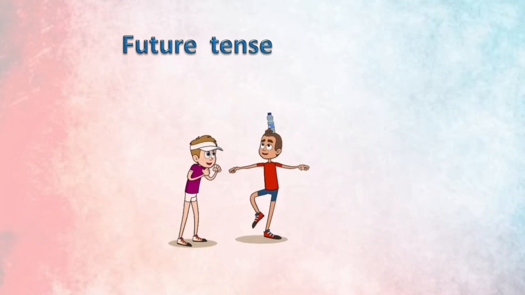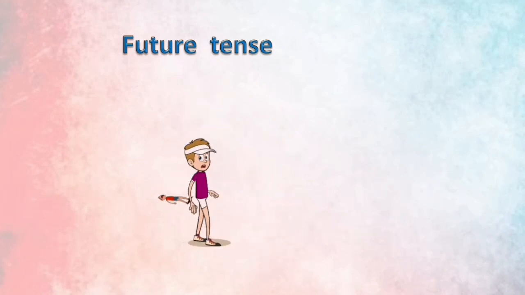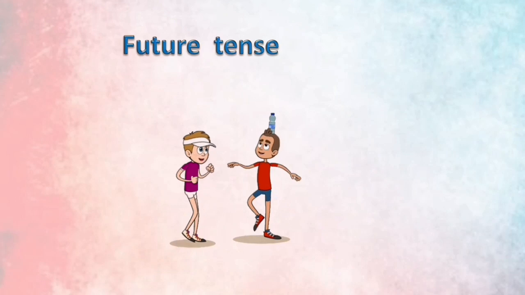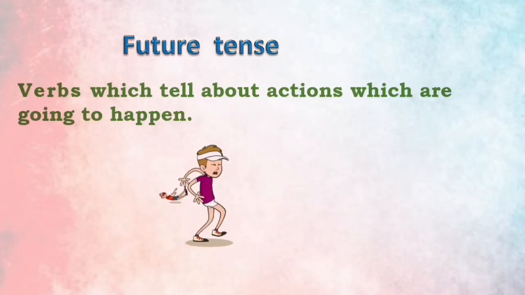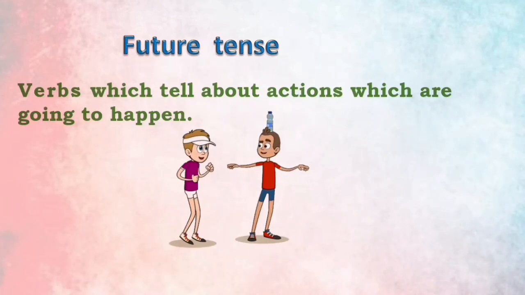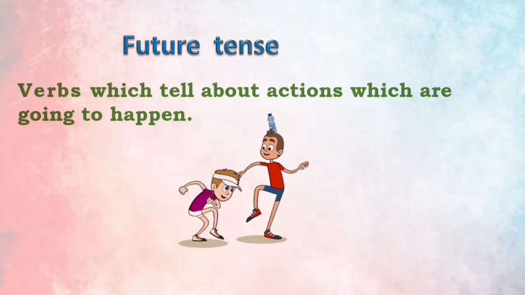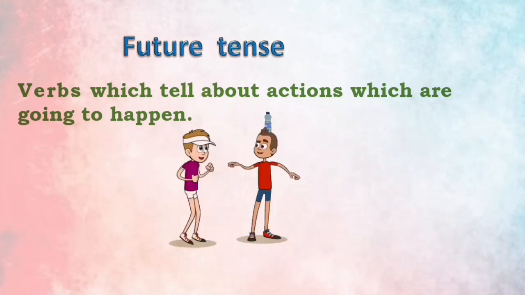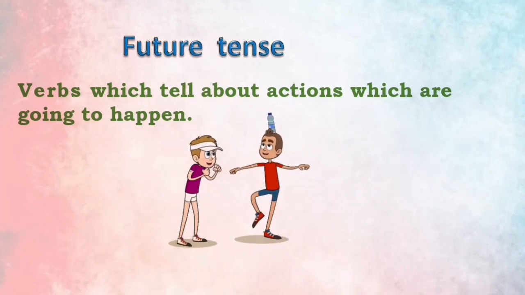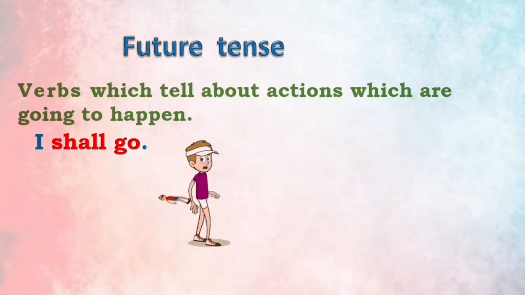And next is the future tense. Here the verb describes the action which is going to happen in the future. The verbs tell us about the action which is going to happen in the future.